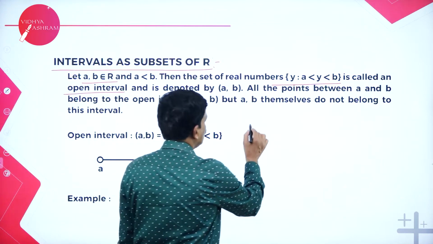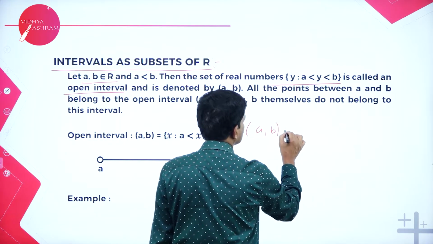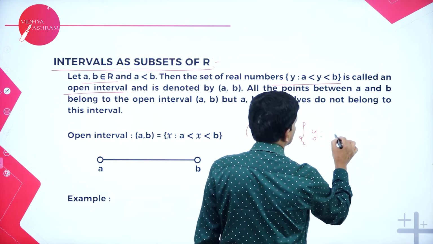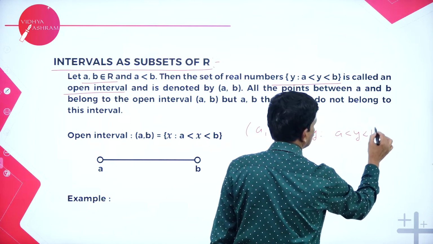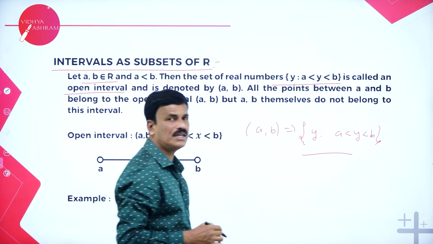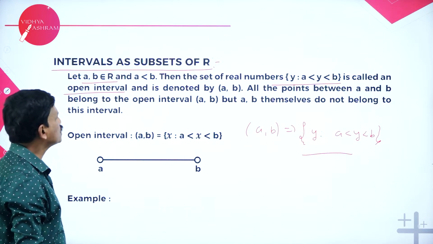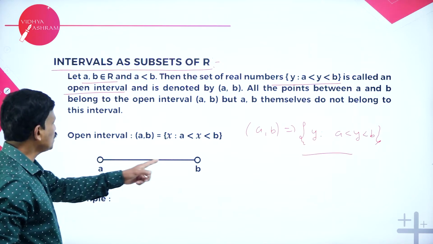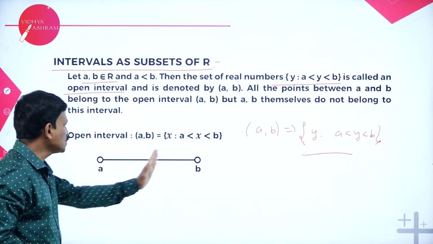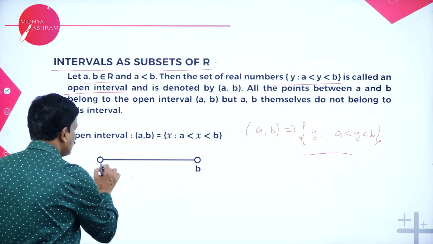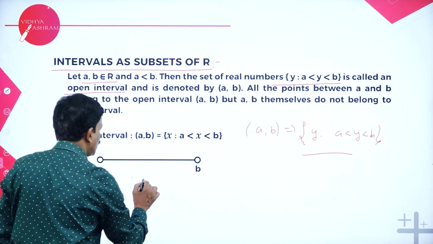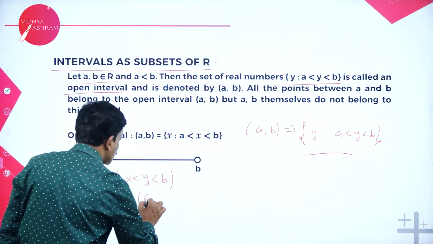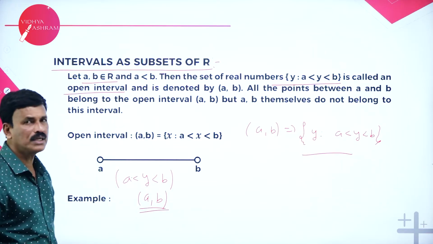The open interval is denoted as (a, b). That is nothing but the set of y such that a less than y less than b. All the values of y which lie between a and b is called an open interval.